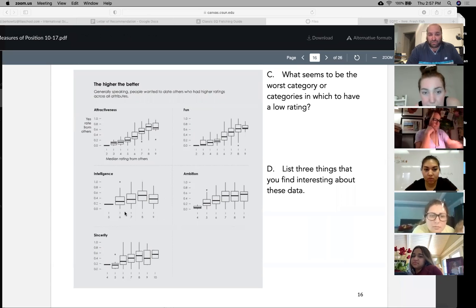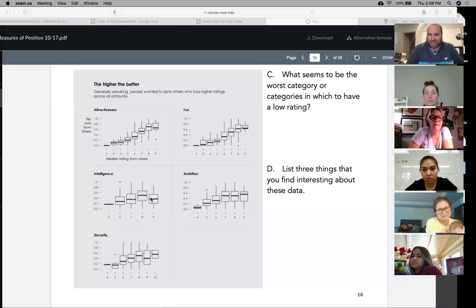If you look at intelligence, there's not really so much of a similar trend. As you get more intelligent, more people want to go out with you. But if you get super intelligent, it actually goes down, right? Which is quite interesting.